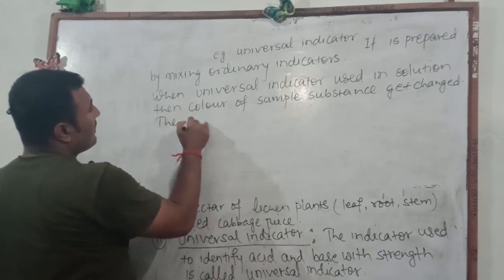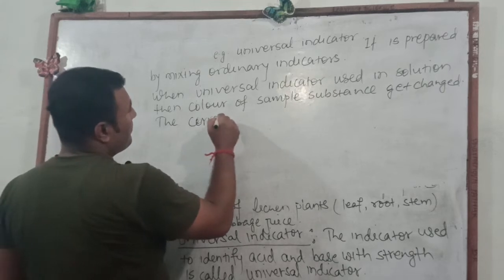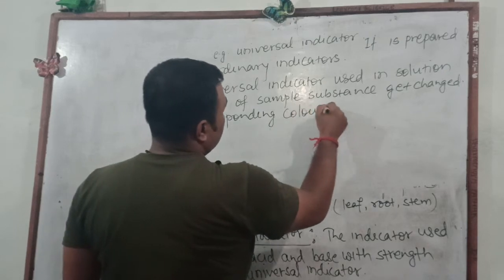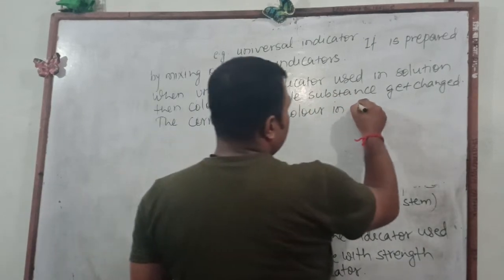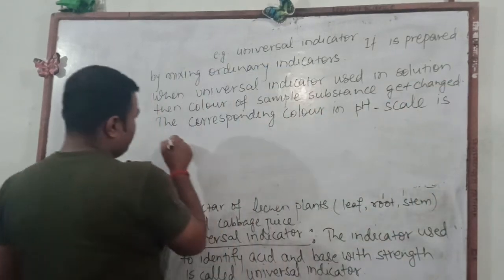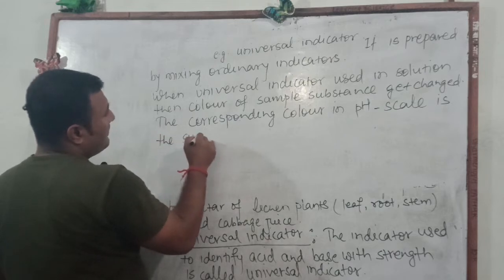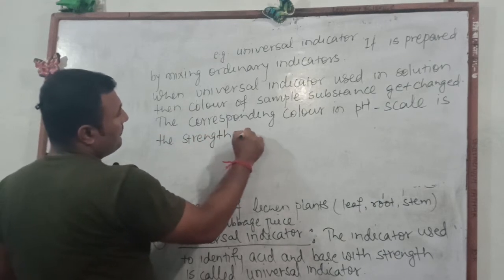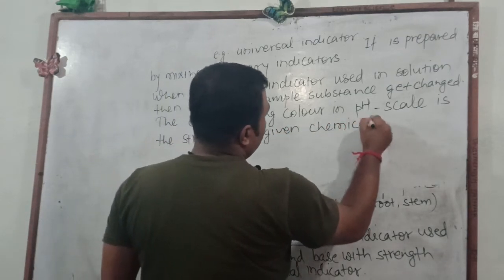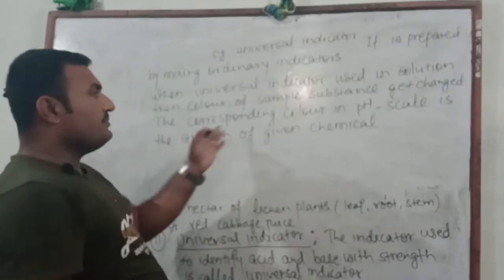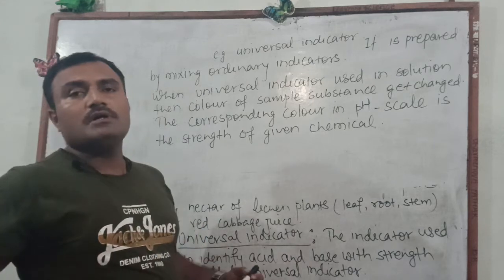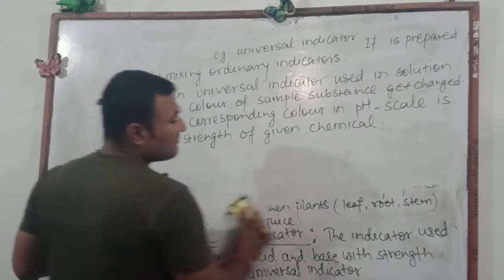The corresponding color in the pH scale is the strength of the given chemical. अब जुन कलर pH स्केलमा त्यो सोलुसनको कलरसँग म्याच भयो त्यही नै के भयो, exact strength of given chemicals.